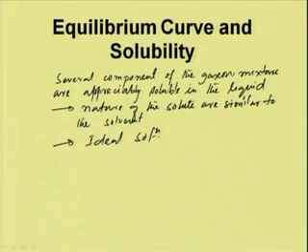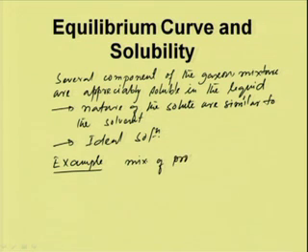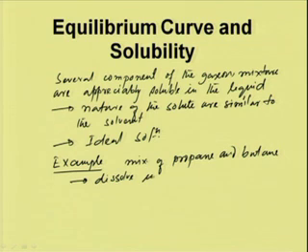For example, if we take a mixture of propane and butane and dissolve it in non-volatile paraffin oil, then the solution is ideal.